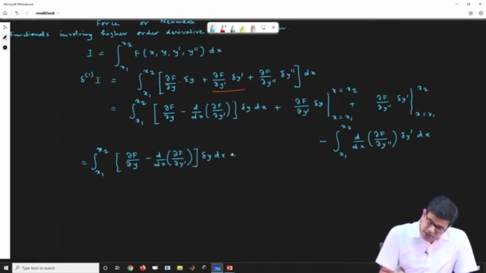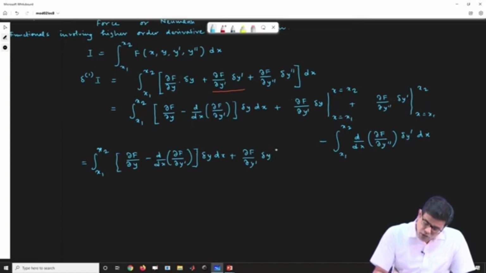This will remain unchanged, and this quantity will also remain unchanged, that is dou f by dou y double prime into delta y prime at x equals x1 and x equals x2.